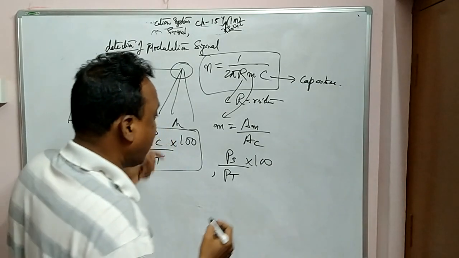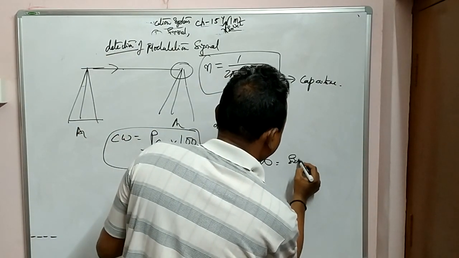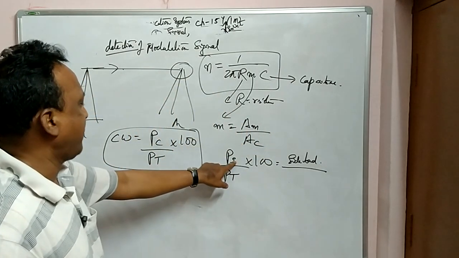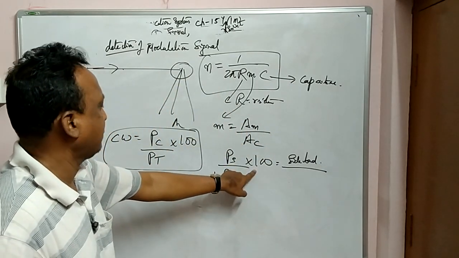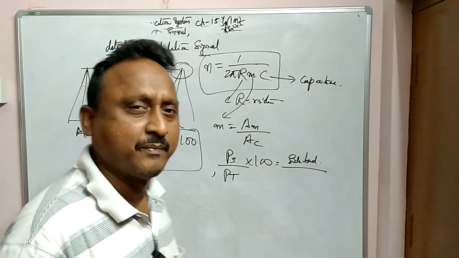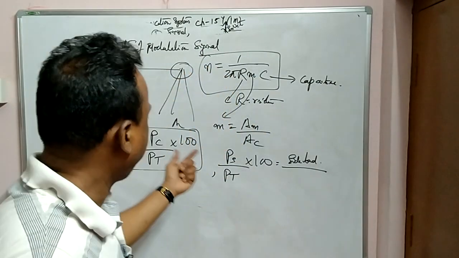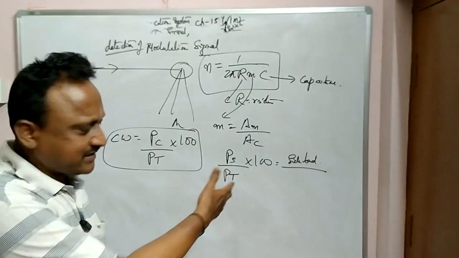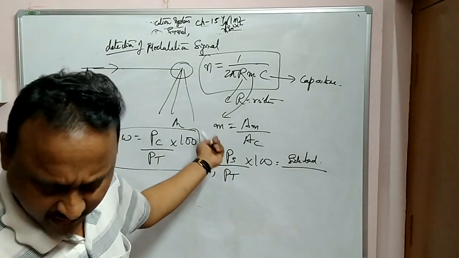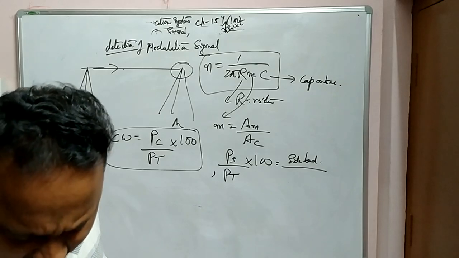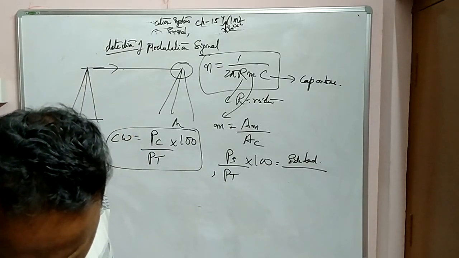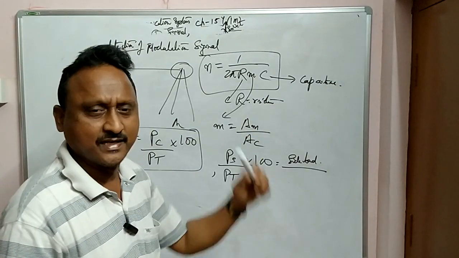This is the sideband percentage. So these are some extra formulas given for you, where PT is power total, already given. PC by PT into 100, and PS by PT into 100 for sideband percentage.